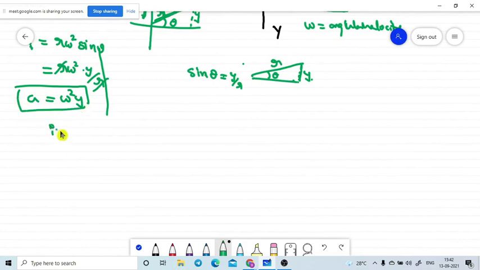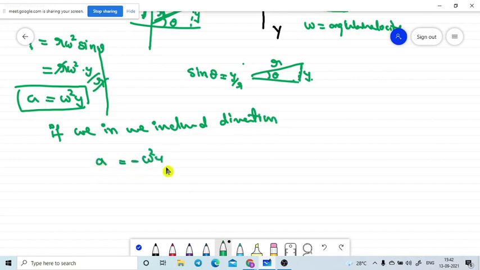If we include the direction also, how can we include it? Then a is equal to minus omega square y, because the acceleration is acting towards the center, but the displacement is moving away from the center. They are in opposite directions.